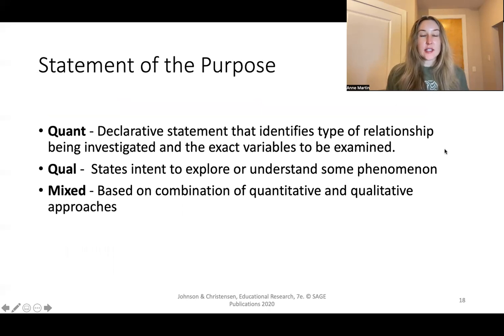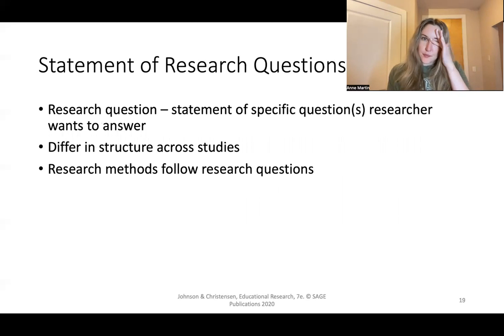Okay, so then we had a chapter on how to critically review the literature. So one thing that I want you to focus your attention on is the difference between a statement of purpose and the research question. So in a quantitative study, the statement of purpose is going to identify the type of relationships that's being investigated and the exact variables, whereas a qualitative one is intended to explore or understand the phenomenon.